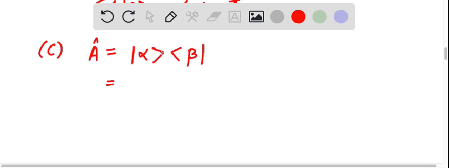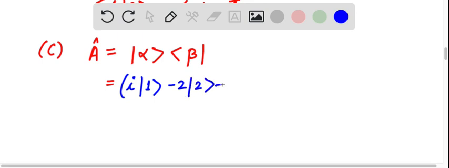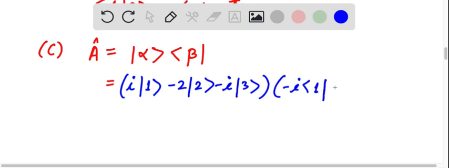The state |alpha⟩ is i|1⟩ minus 2|2⟩ minus i|3⟩, and the state |beta⟩ is minus i|1⟩ plus 2|3⟩.